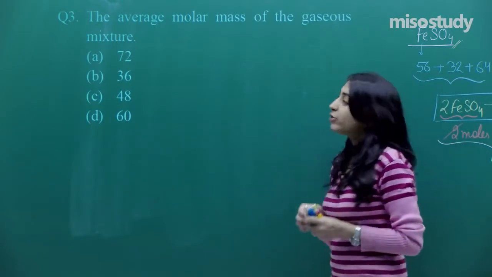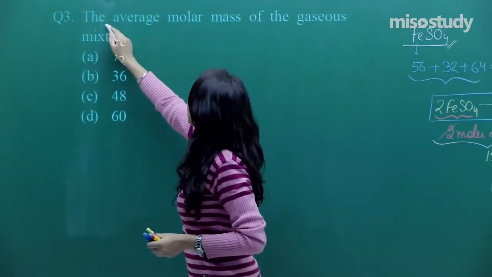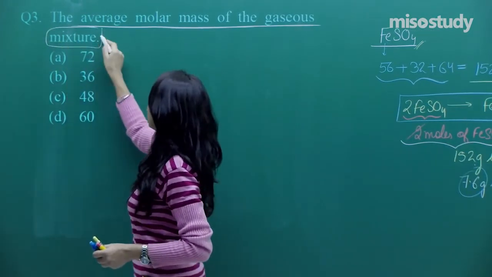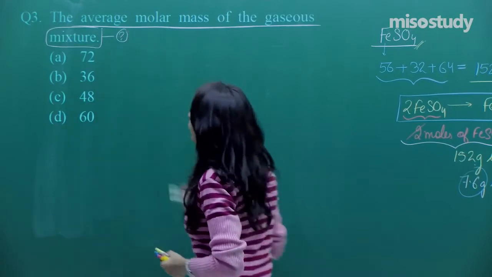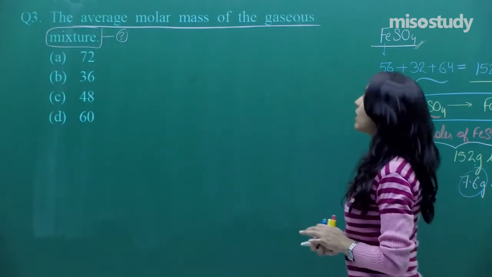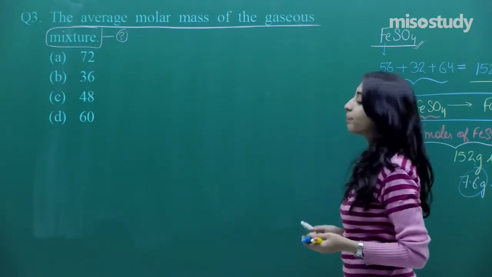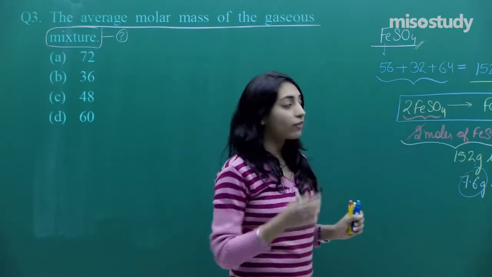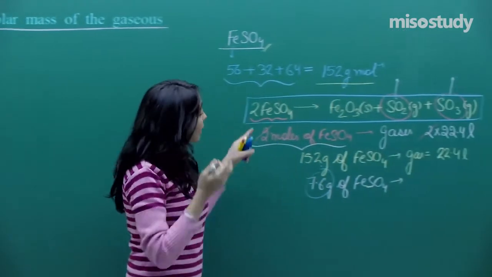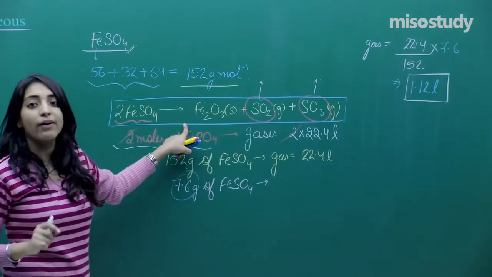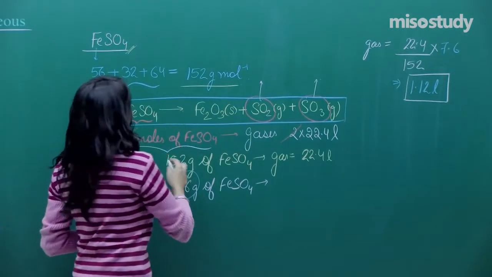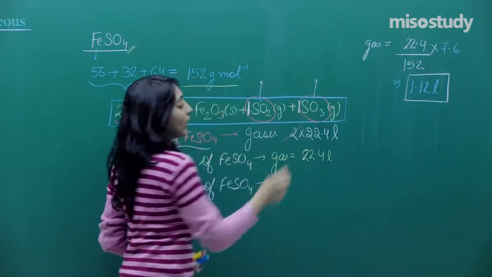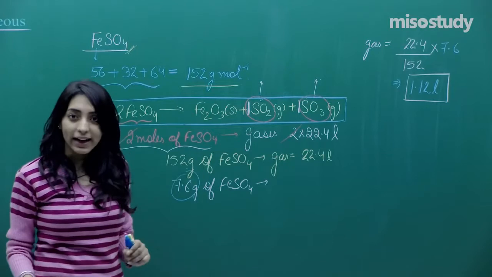And the question says, what will be the average molar mass of the gaseous mixture? Guys, come with me to the solution that we have done earlier. In this particular question, you can see I have written one equation where 1 mole of SO2 and 1 mole of SO3 were being obtained, right?